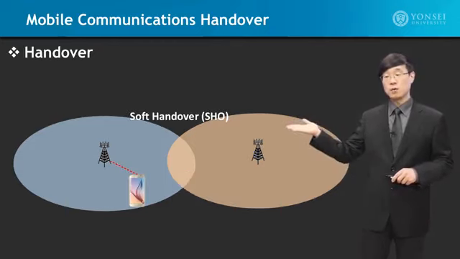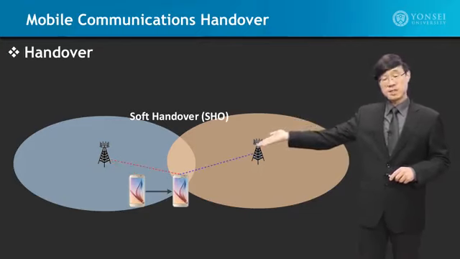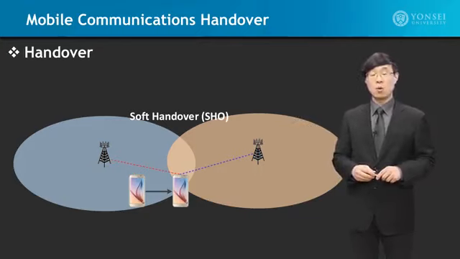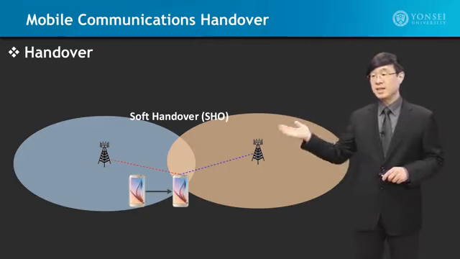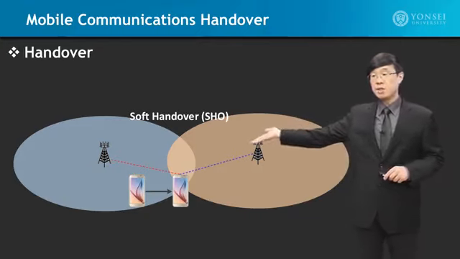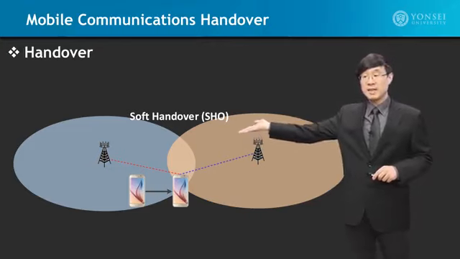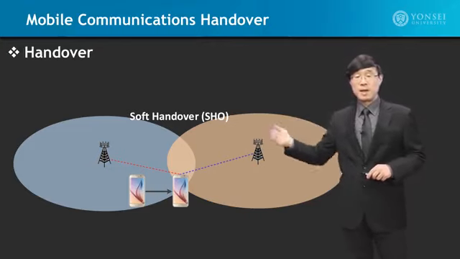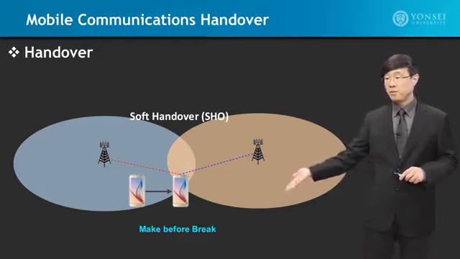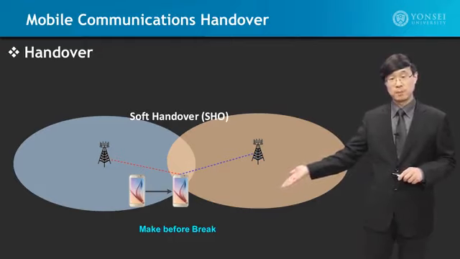In soft handover, the case is a little bit different. When you approach the cell edge of the blue cell and you enter the range of the orange cell, then at this situation, you establish a new link before you disconnect the former link. And we also call this make before break due to this reason.